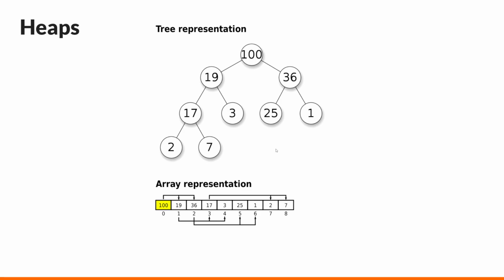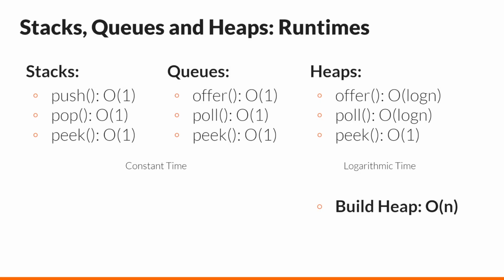So we really go into more details about why it's logarithmic time once you get to the tree section, right? So in the case of heaps, adding a new element is logarithmic time, polling an element is logarithmic time, and peeking at that element is a constant time operation. Again, peeking is kind of nice, right? You just have a pointer to the thing you're looking at, and you're just returning that value.